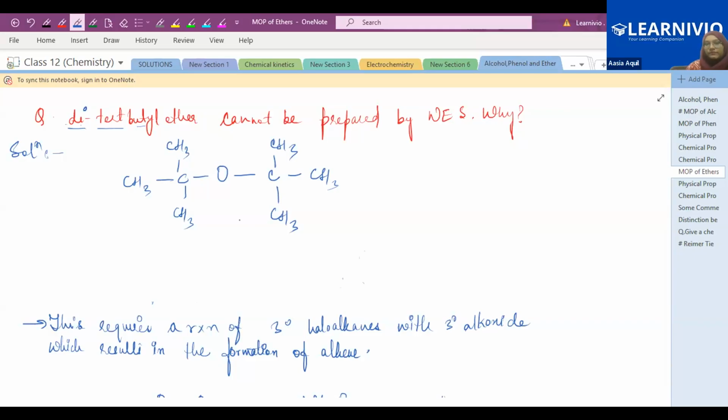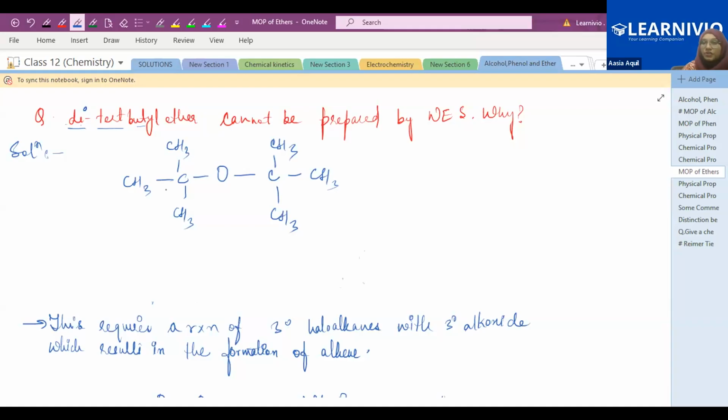It should be similar, but it's tertiary. You can see this is the oxygen linkage, and both groups are tertiary groups. So this ditert butyl ether must be formed by the reaction of a tertiary haloalkane and a tertiary alkoxide, sodium alkoxide.